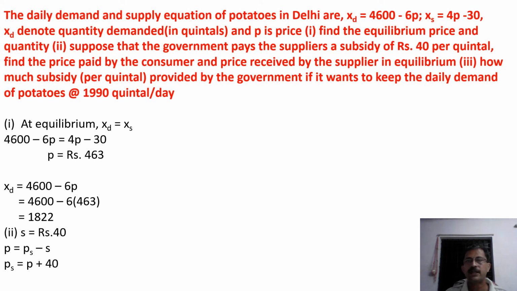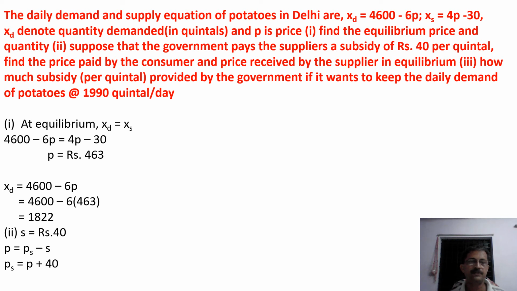Then to answer the second part, that is, if the government pays suppliers a subsidy of rupees 40 per quintal, you have to find the price paid by the consumer and the price received by the supplier. So you know P is equal to PS minus S, where S is 40.